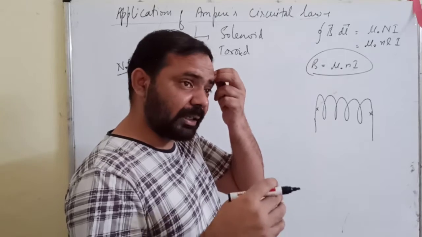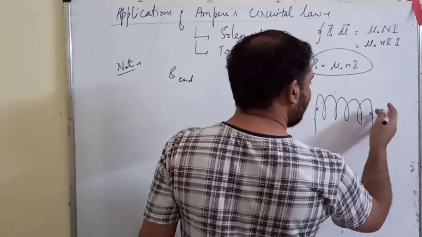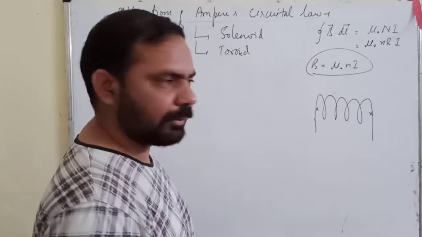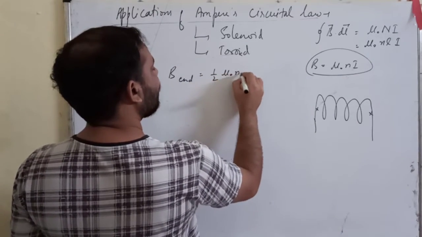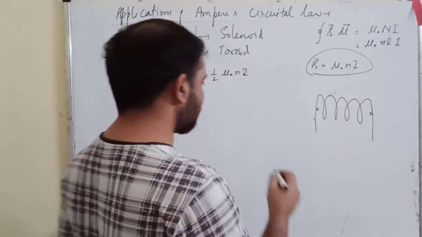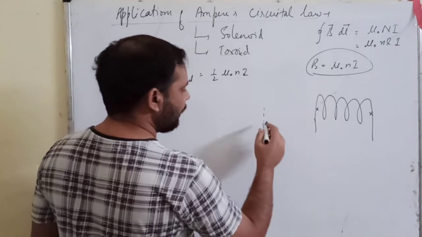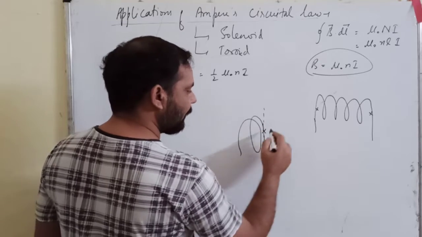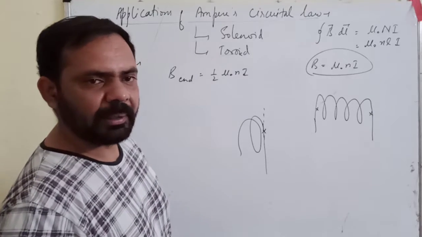I'm not saying exactly at the midpoint, what I am saying is they are nicely enclosed by the solenoid. But for the points at the end, the magnetic field is half of this value, half mu naught n I. You can easily understand that if you have a point at the end, you can divide the region into two parts. This half region is enclosed by the solenoid, but this half region is not enclosed. So simply the magnetic field will be half.